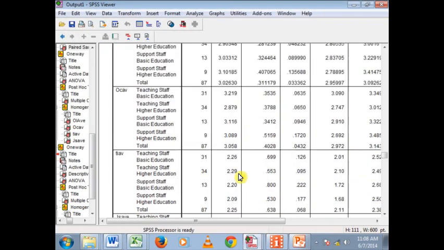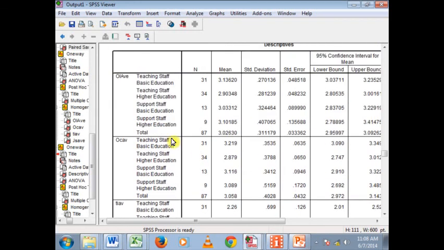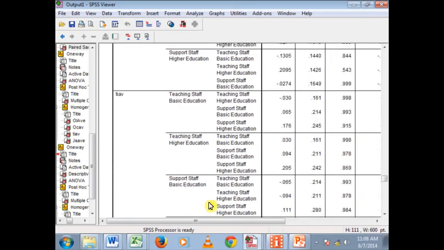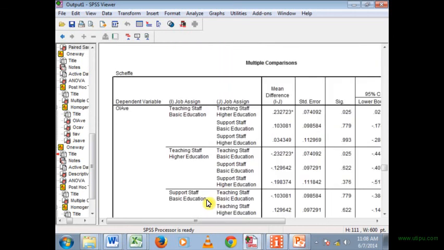Okay, you will notice that if you have the mean, as far as the post hoc is concerned, the teaching staff in basic education and the teaching staff in higher education have more or less significant differences in terms of organizational identity.